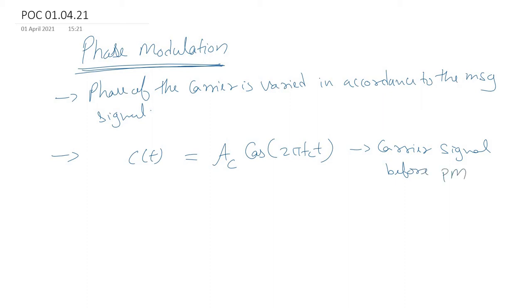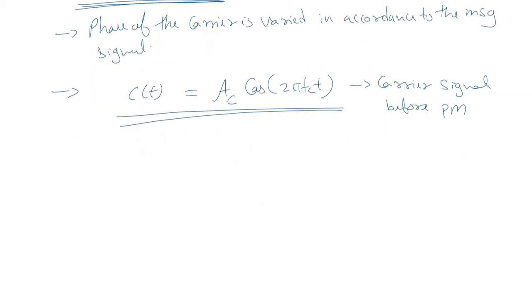The change in this carrier signal after phase modulation would be the phase modulated signal. Obviously the amplitude will remain the same, the frequency will remain the same, only the overall phase of the signal will be varied.